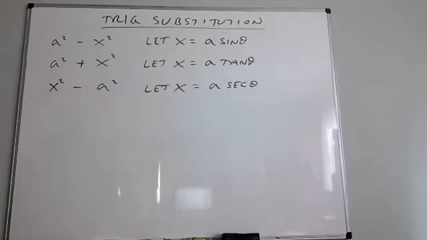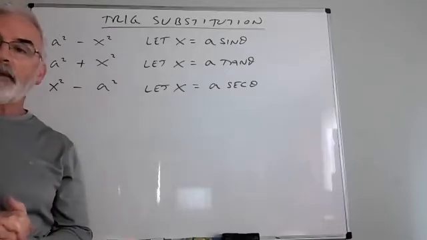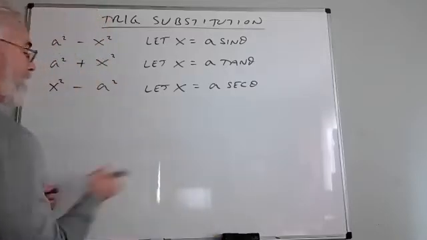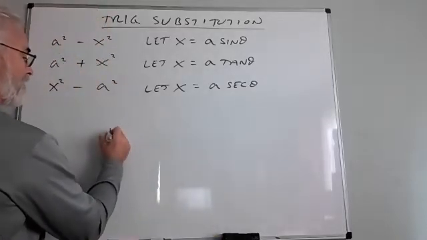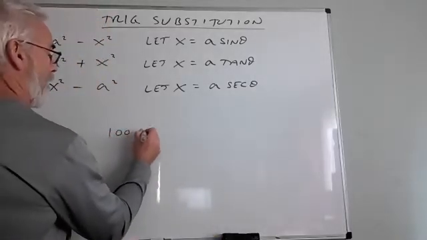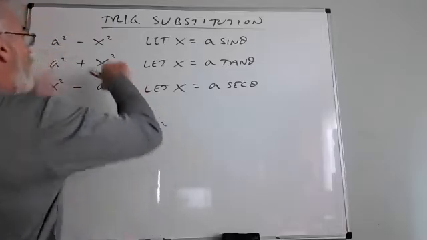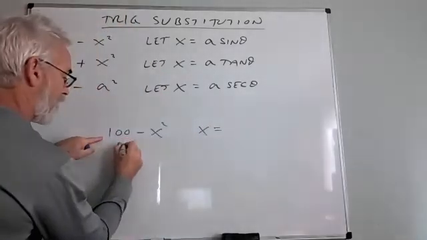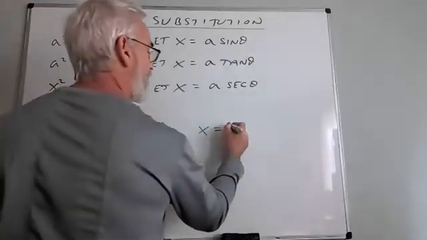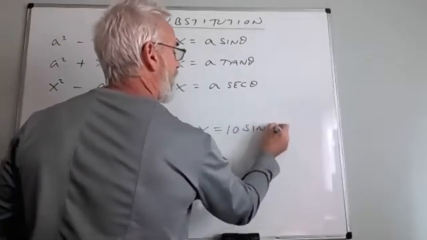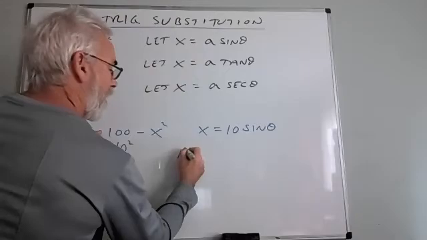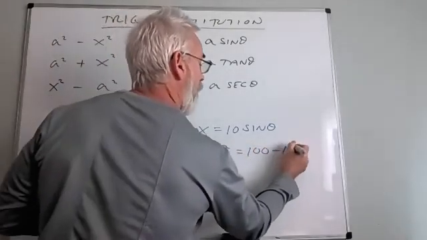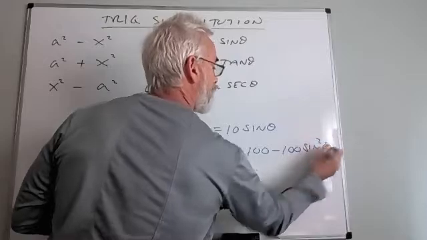What this would give us is a Pythagorean identity that we could then simplify into one specific term. For example, if I had something of the form, let's say, 100 minus x squared, well, given this form, if I chose x to be, now think of 100 as 10 squared, if I chose x to be 10 sine theta, then 100 minus x squared would become 100 minus 100 sine squared theta.